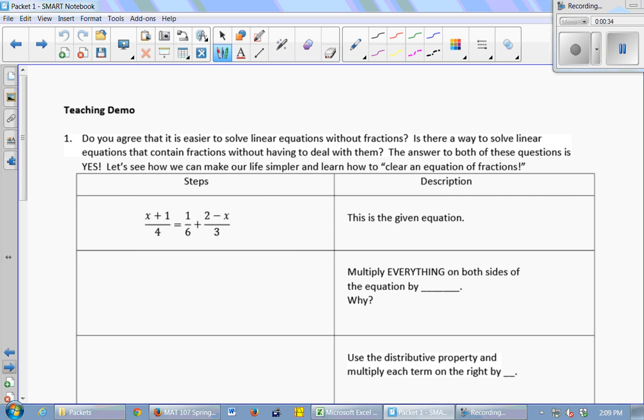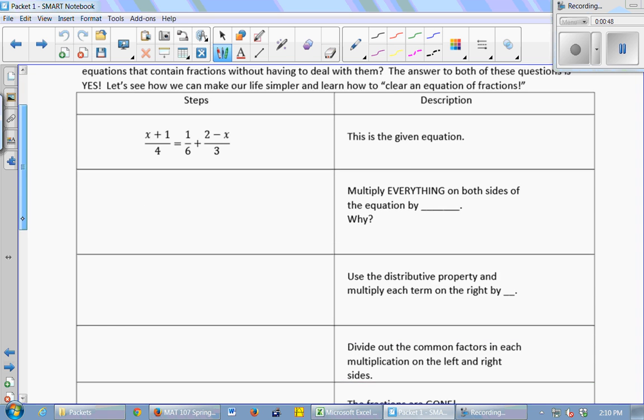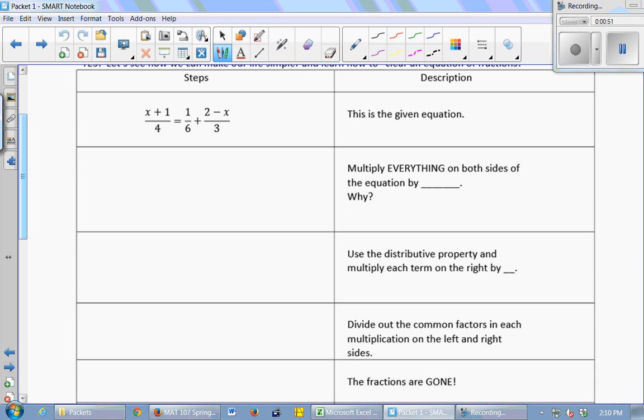And it turns out that there is a way to solve linear equations that contain fractions without having to deal with the fractions. The technique we use is to clear the fractions. So we start with the given equation. And then I want to multiply everything on both sides of this equation by 12.